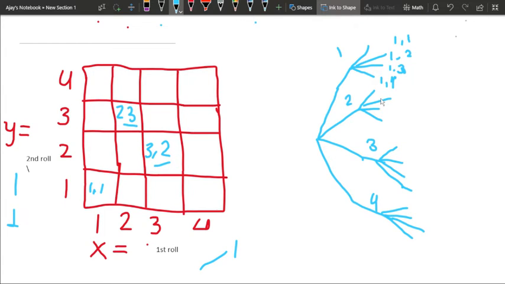Okay, one and four, and here is the last term.